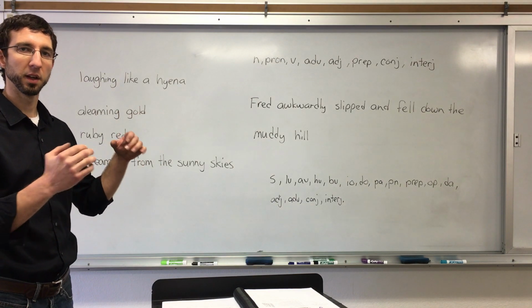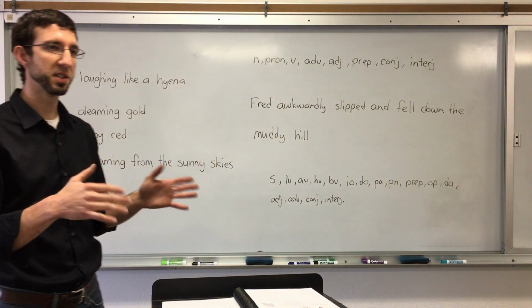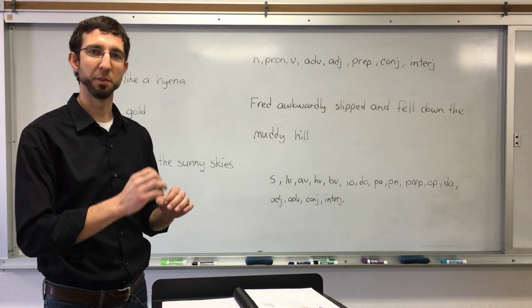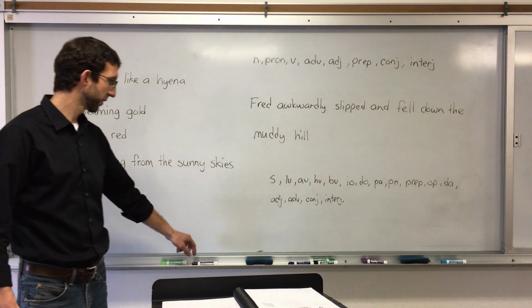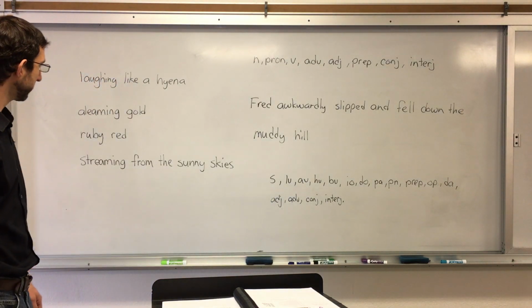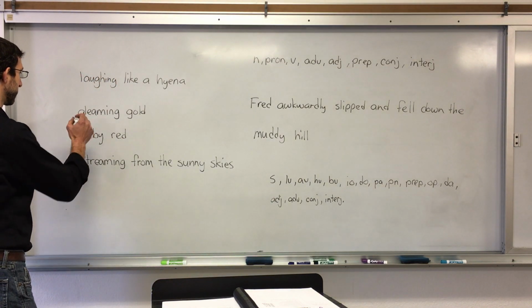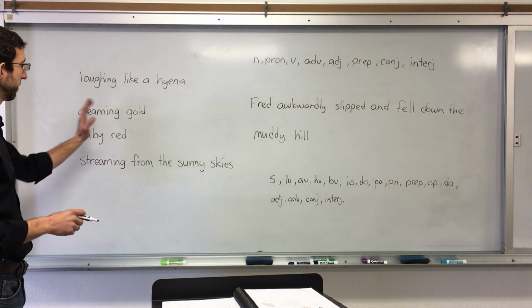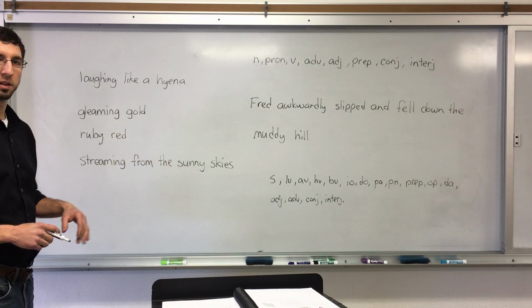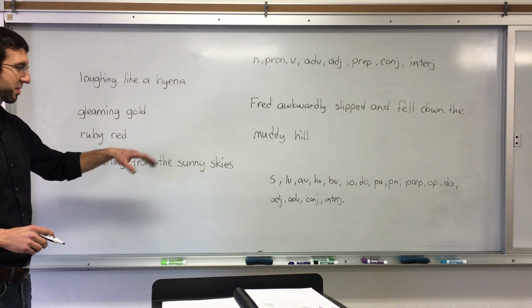So you have that k, k, k, or s, s, s. You have that sound coming up again and again, which makes a unique sound. A lot of times those words appear right after each other. Gleaming gold, ruby red. I copied these from your last quiz.